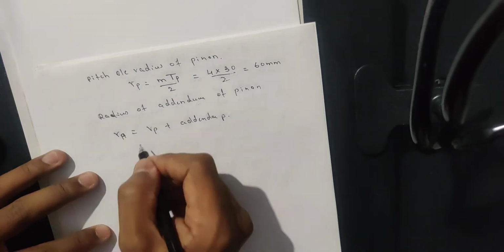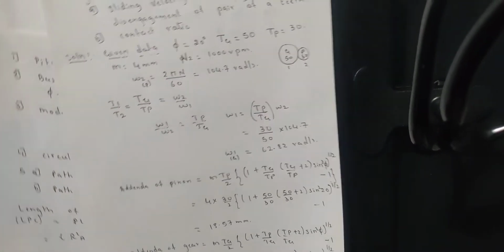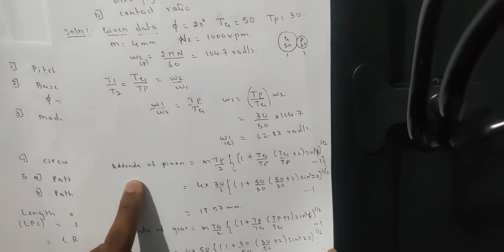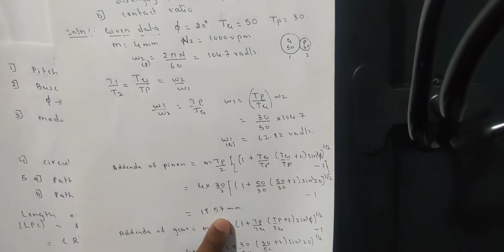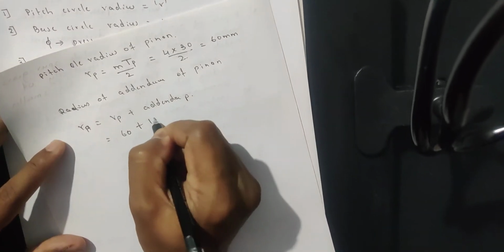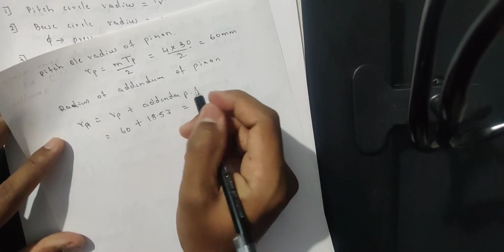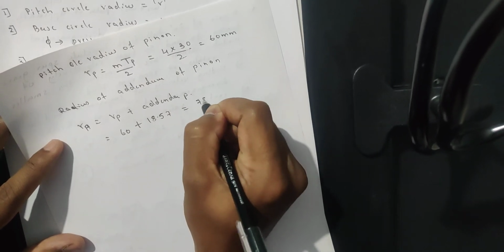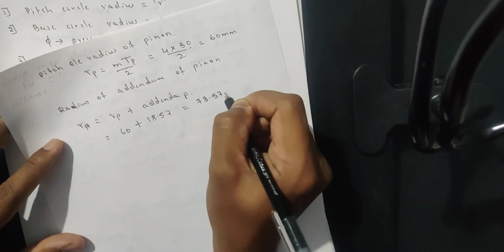RP is 60, plus, if you observe here, we have calculated the addendum of the pinion, which is 18.57. So 60 plus 18.57 should be equal to 78.57 mm. So we have got the radius of addendum.